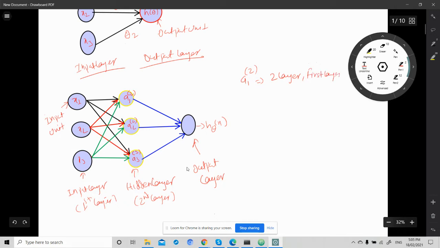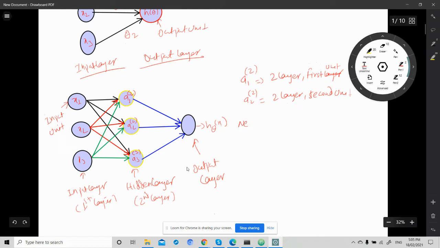That's how we read this. Likewise for a2 2, this is called second layer second unit. This is how we read this. So here we have three neurons.